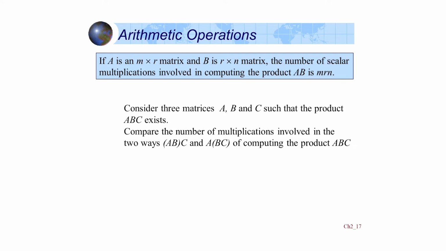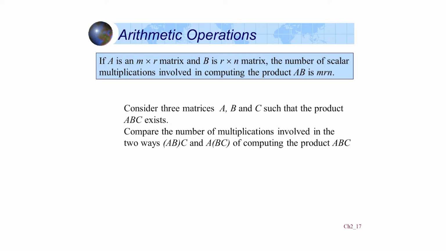From this surprising property of associativity of multiplication, you can do the following: first calculate AB, then multiply the result by C, or first calculate BC, then multiply the result from the left side by A. By the previous theorem, you get the same result.